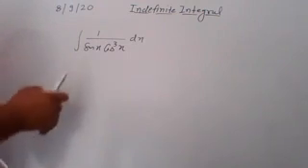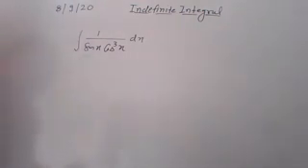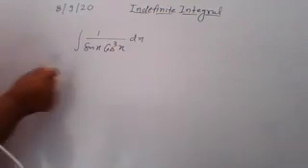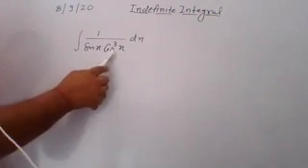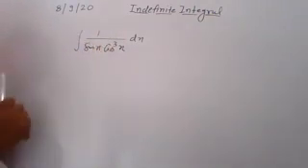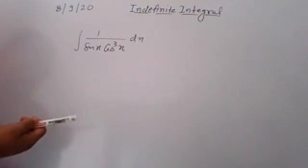You multiply numerator and denominator by some power of cos in such a way that it is converted into tan. Just listen here. Here you have cos cube x, so this cos cube x can be written as sec cube x. No problem for that.